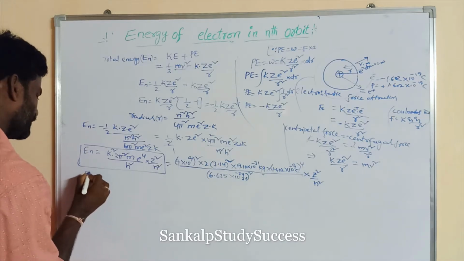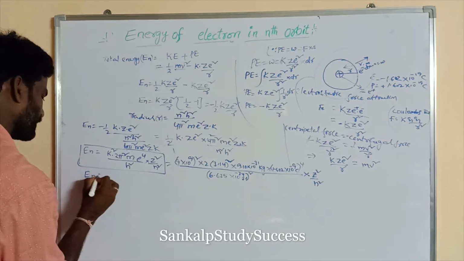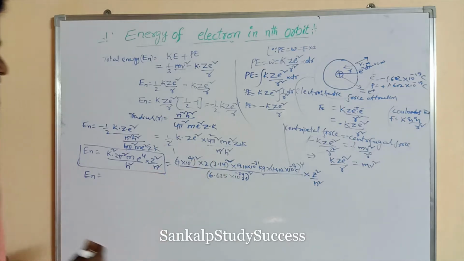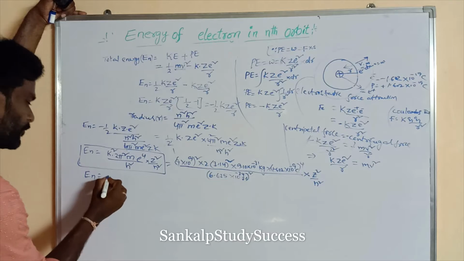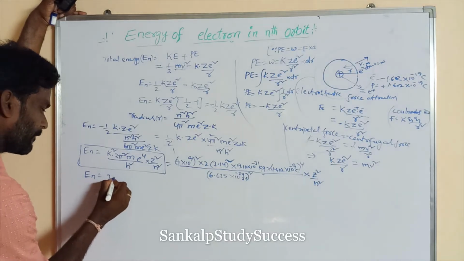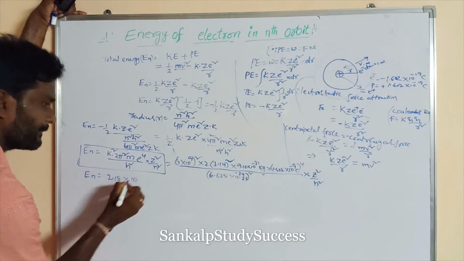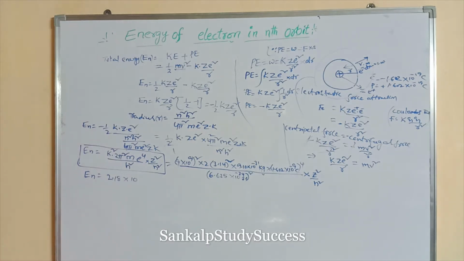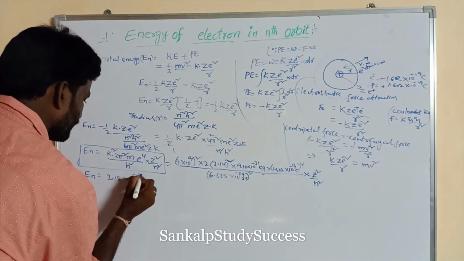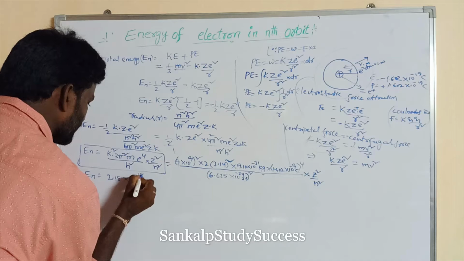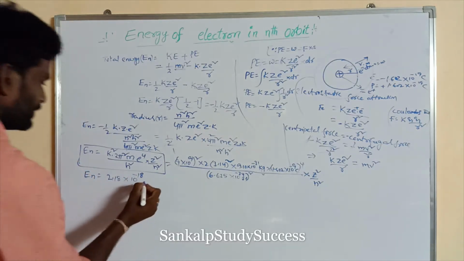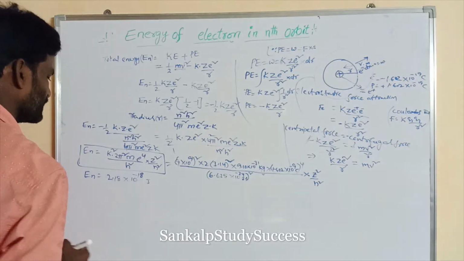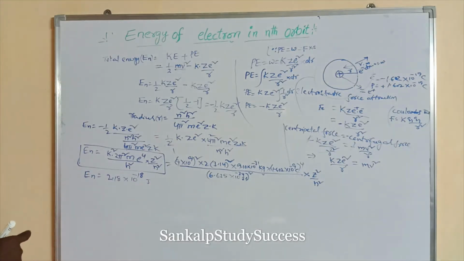En is equal to, so all these values are simplified. Finally we got 2.18 into 10 to the power of minus 18 joules. So this is the energy. What are the units of energy? Joules.